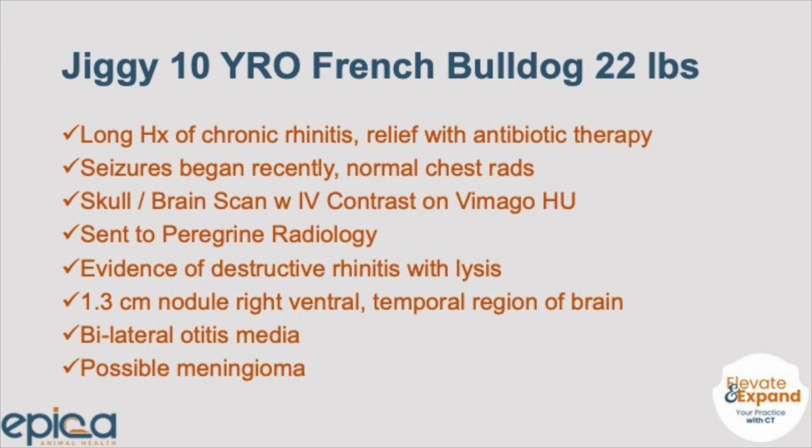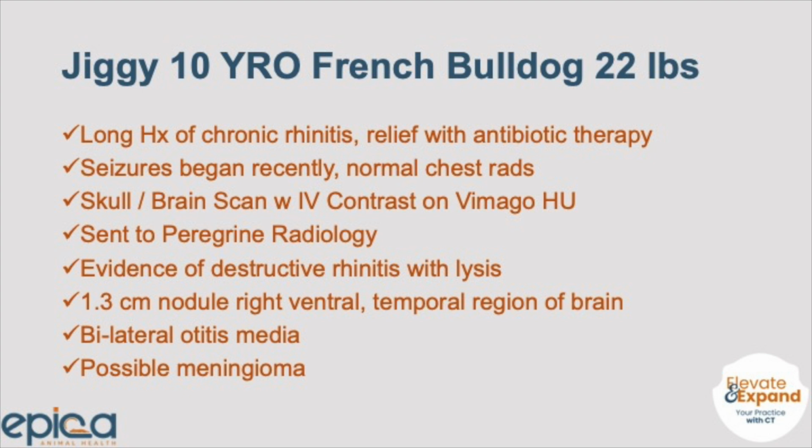Our next patient is a 10-year-old Frenchie named Jiggy that weighs 22 pounds. She has a long history of chronic rhinitis. And over the years, antibiotic therapy has helped this dog, but seizures have recently begun to occur.